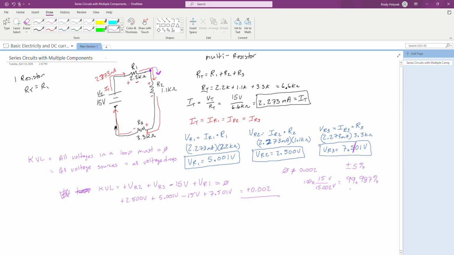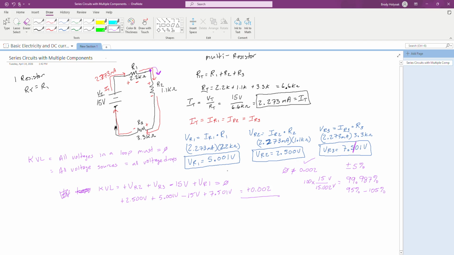So that means our answer, as long as it falls within 95% to 105% of what this actual value is, is good. And a lot of times when we're doing calculations, if I run into an instance where I am 3 decimal points off of what the answer is, I'm going to call that close enough. 99% of the time, that error that gets introduced is just because of rounding.